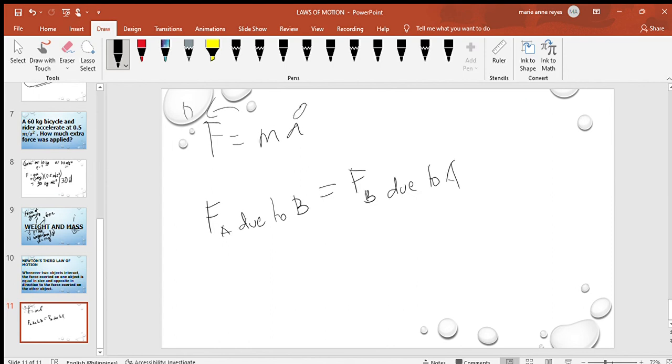The force on the astronaut, for example, would be A due to B, and the force on the satellite would be B due to A.